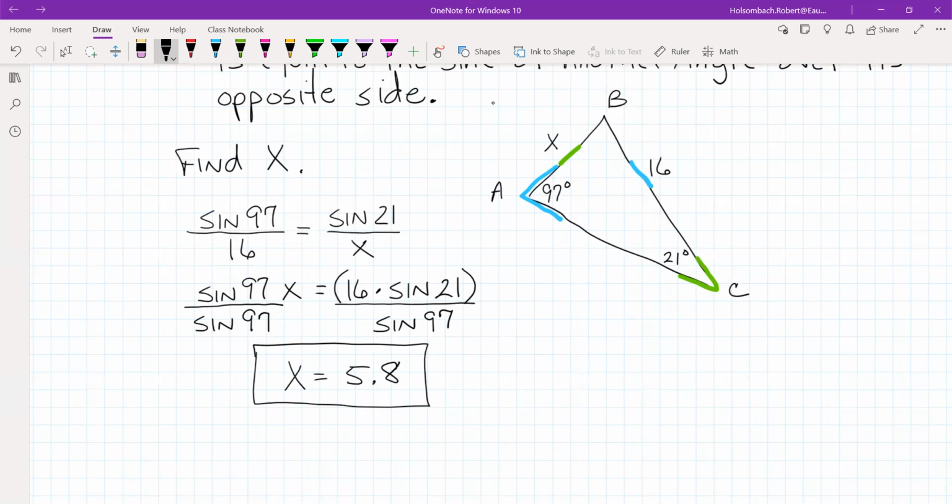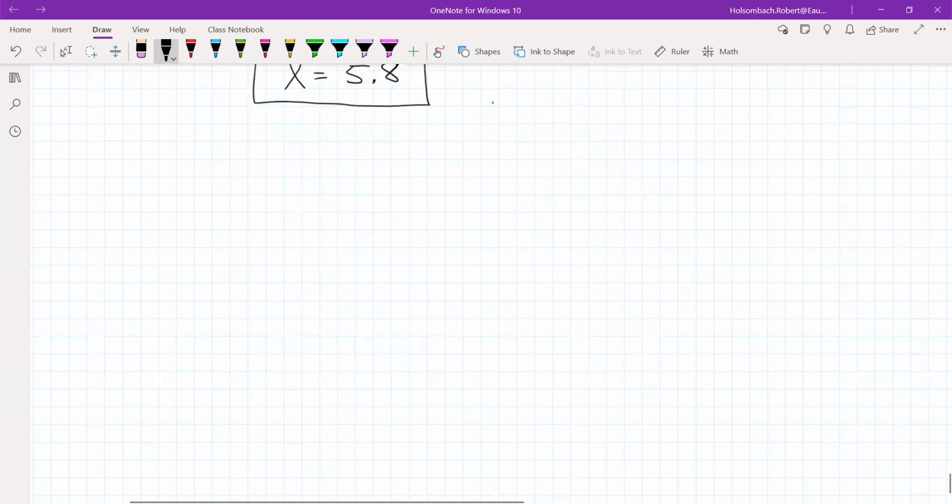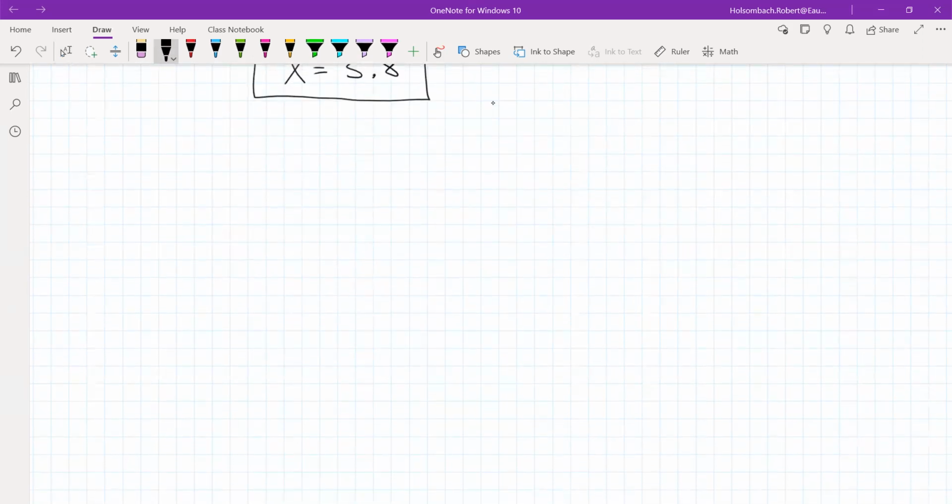All right, so look at the bottom of 588. Guided practice 1A. Let's do that smaller triangle down there. We got triangle ABC. Angle A is 78 degrees and angle B is 60 degrees.